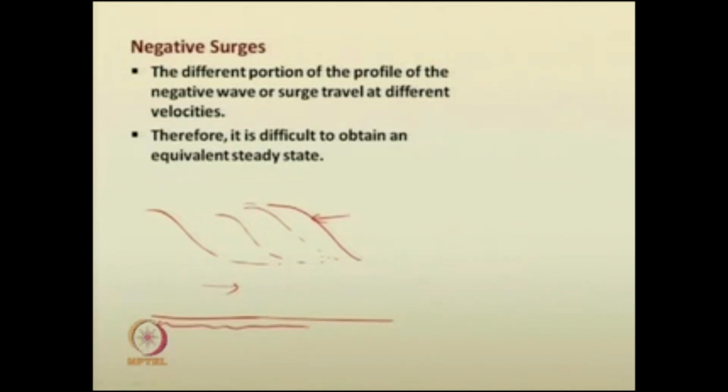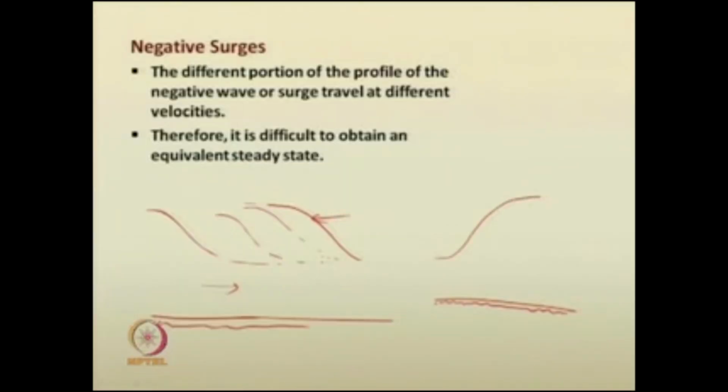Or you have a negative surge that propagates from upstream to downstream, but the depth of flow will be decreasing. After some time it goes like this. So, this is also a negative surge. The surge velocity is V w and the flow direction is also like this.